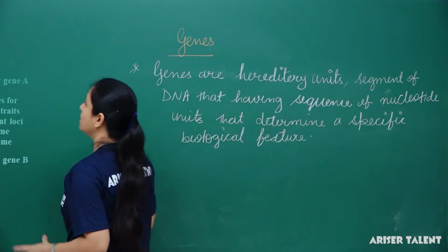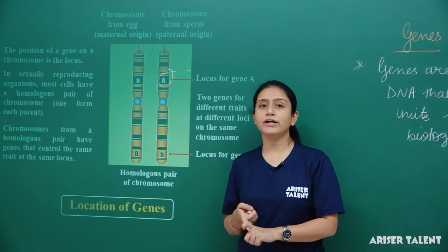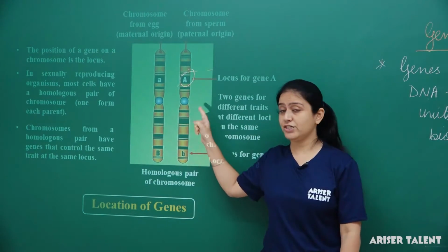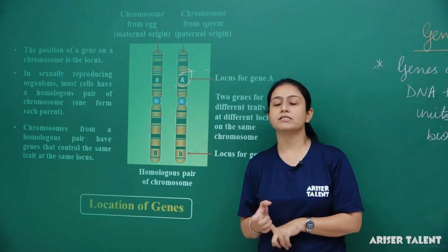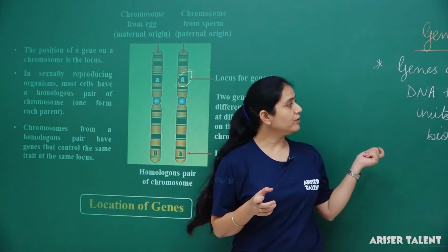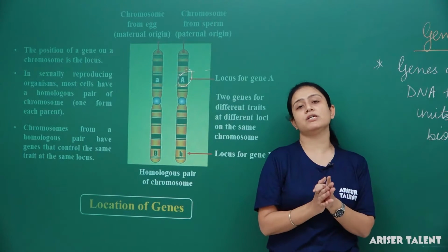Each gene contains hereditary material in the coded language. Fine. So the gene is carrying the hereditary material in the coded language, and as I told you, it is the sequence of nucleotide units that determines a specific biological feature.